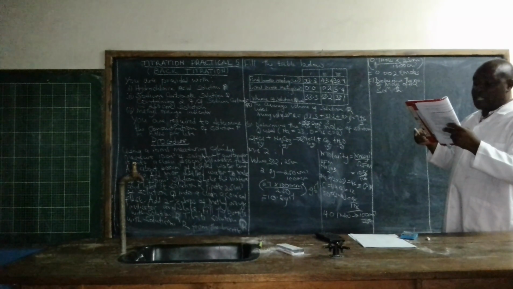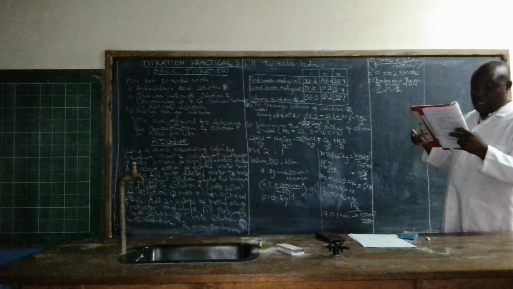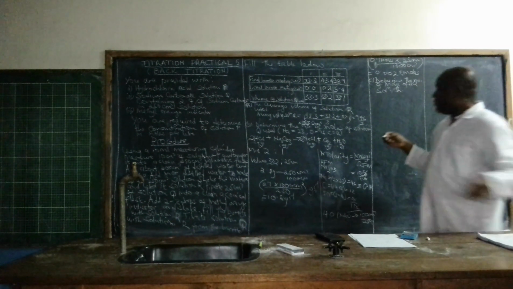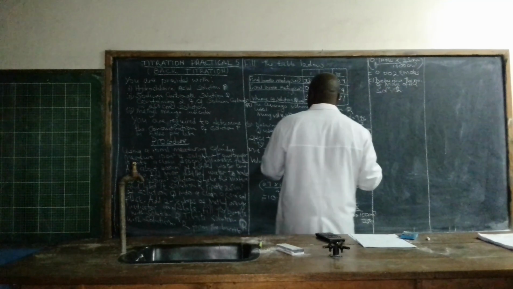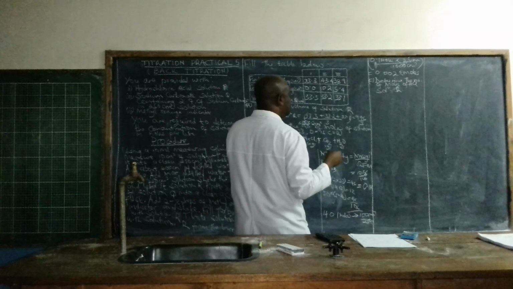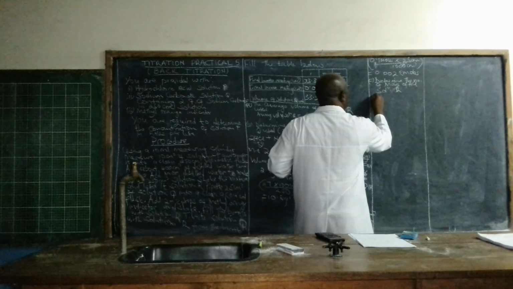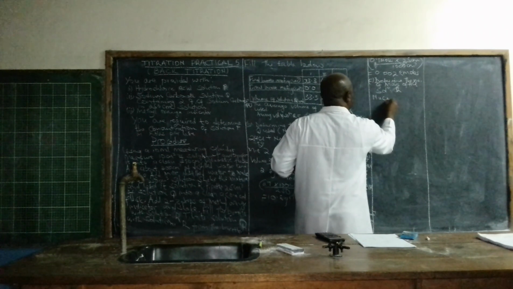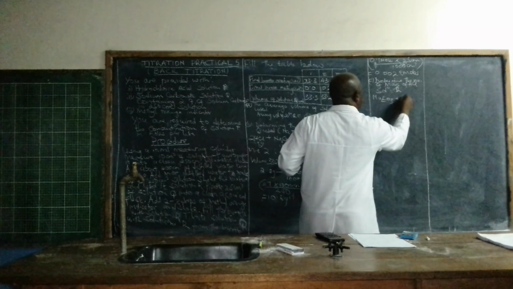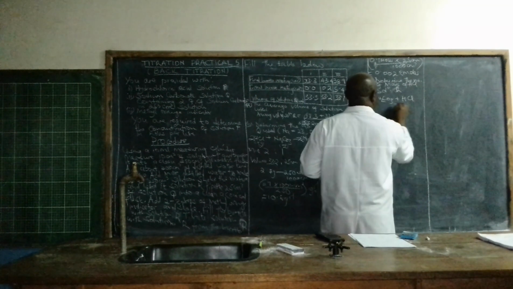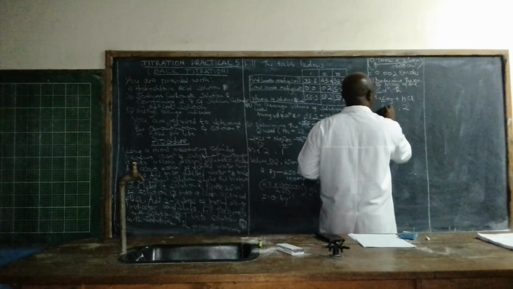So we are going just to write an equation because of the mole ratio here. The mole ratio, if the number of moles of sodium carbonate and HCl, the mole ratio here is 1:2.